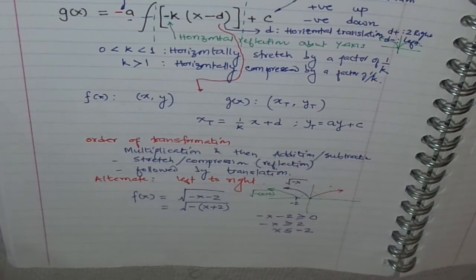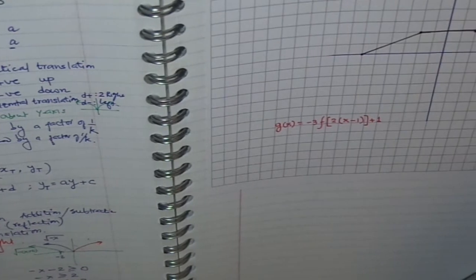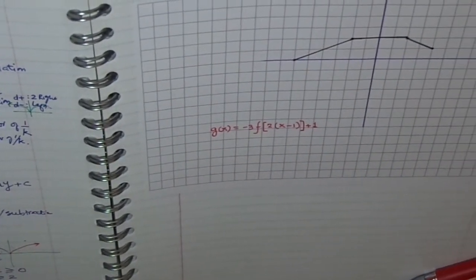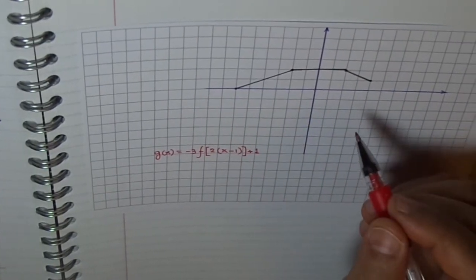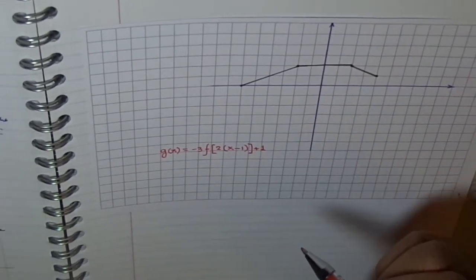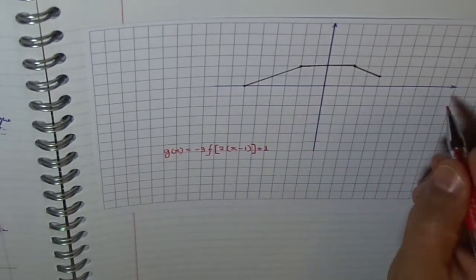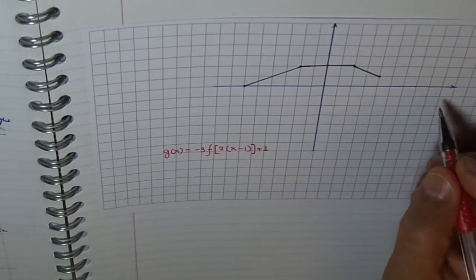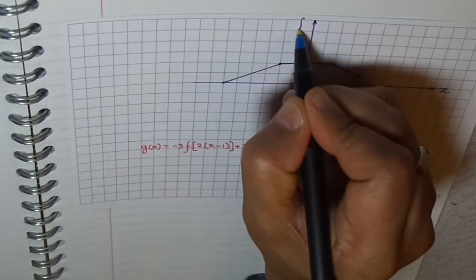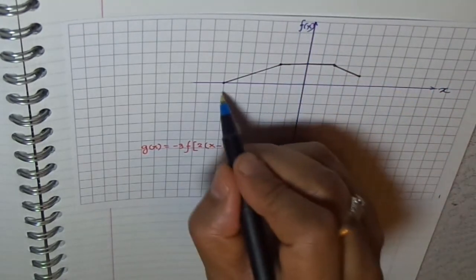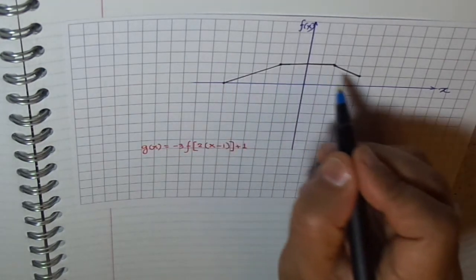Now, let us take a concrete example. Here, I've already drawn a sketch for you, and then we will transform this as per our function. This is a very simple function, but it will demonstrate all the techniques required to learn. So this is a simple line graph. Let's first label the points.